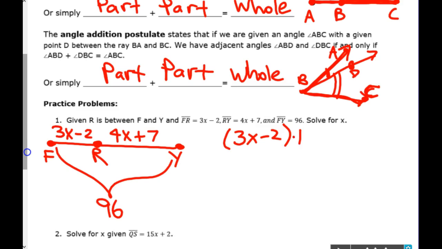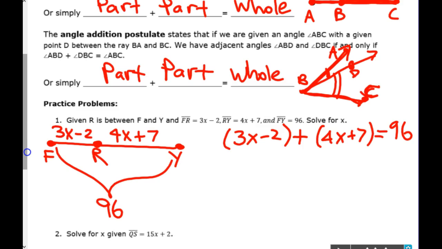Plus my other part, RY, 4x plus 7, equals, and what's the whole thing? 96. See how that works? Now, if you don't use parentheses, that's fine. I do like to use parentheses to kind of group things together. So, got that formula written?